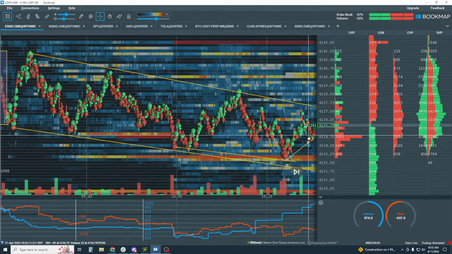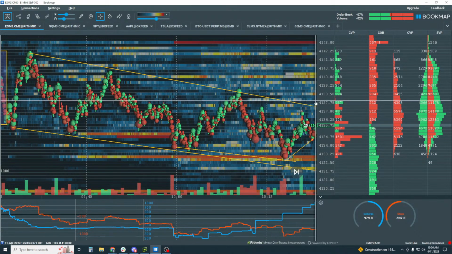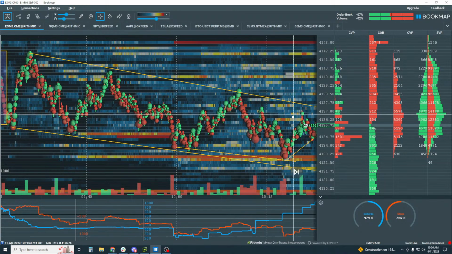So if we can get buyers back up above that area, and I know there's not a whole lot, it didn't exhaust out down here, but there's not a whole lot of selling down here. If we can get buyers above these areas, then we can come back up and test other areas of liquidity and some of the other swings. And that's what we were kind of looking for there.